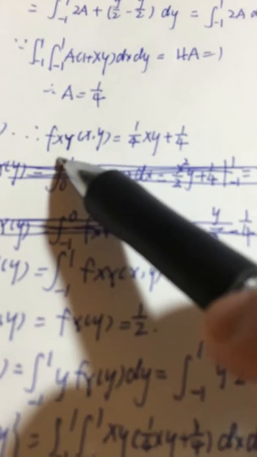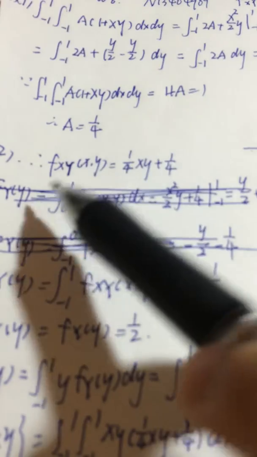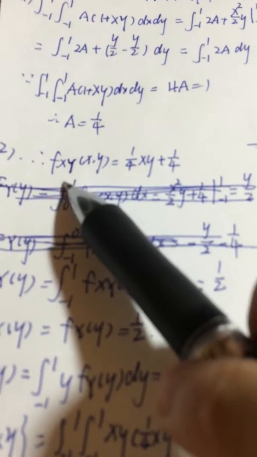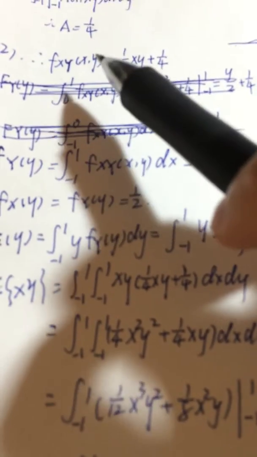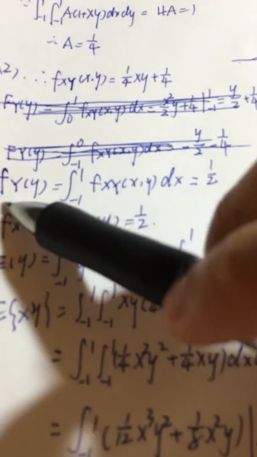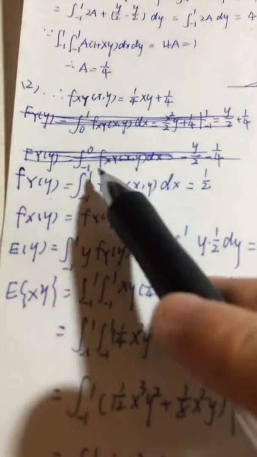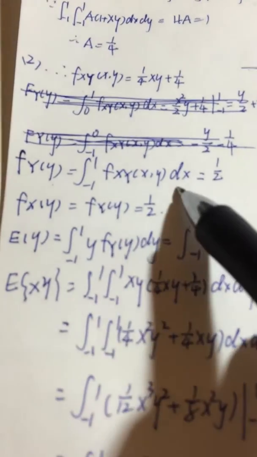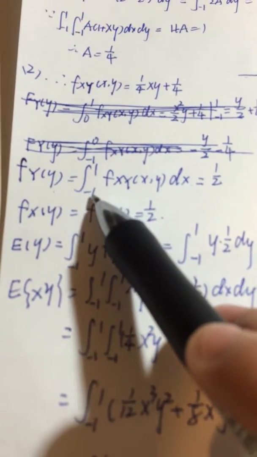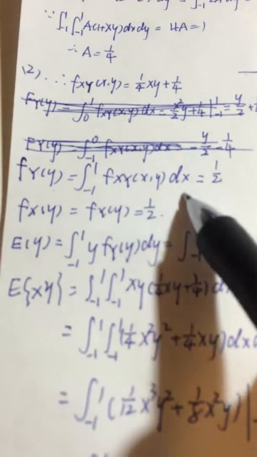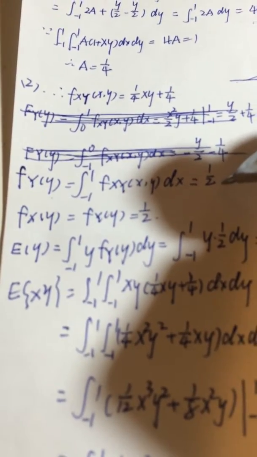Because we know a equals 1/4, we can get the complete joint density function, and we can find fy, the density function, by integrating over x. The domain of x is from -1 to 1, so the answer should be 0.5.